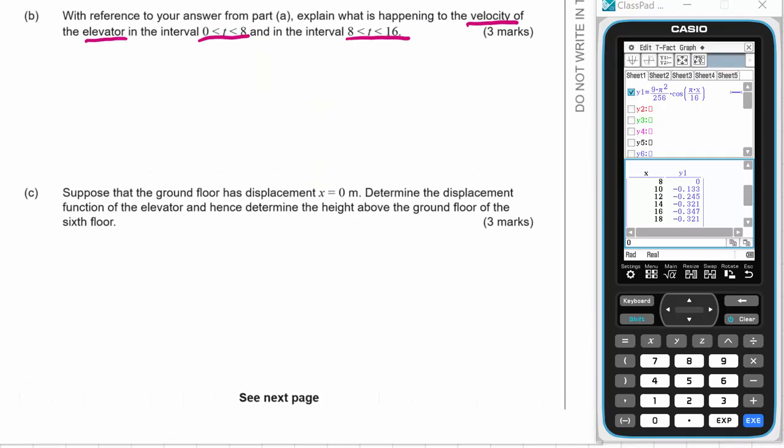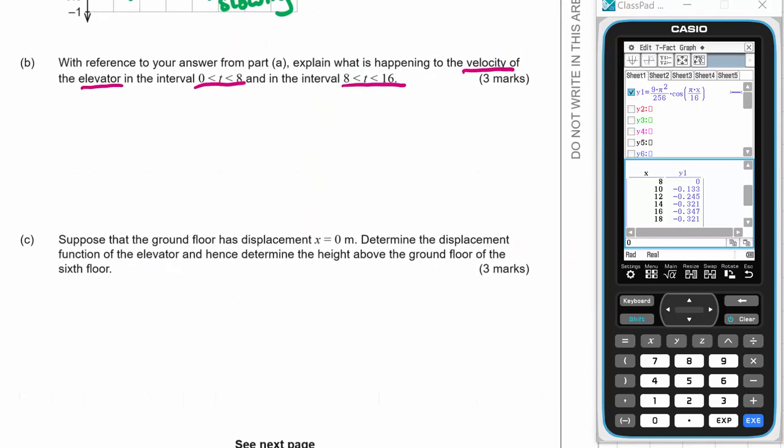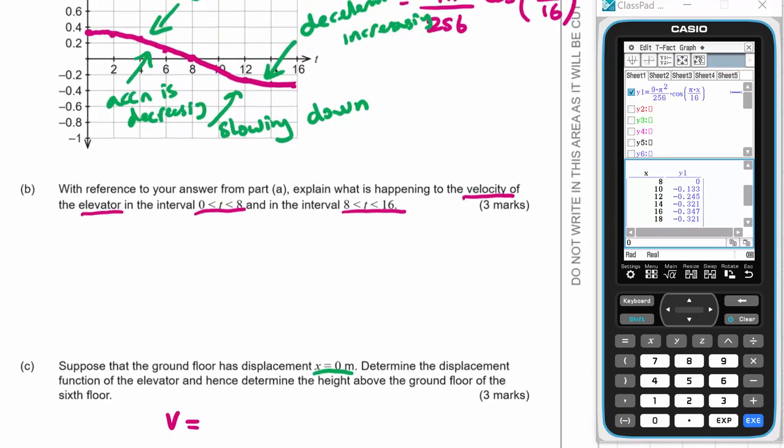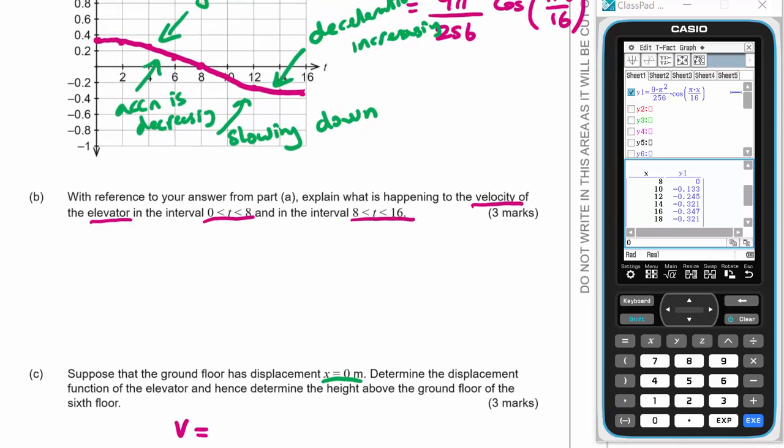So suppose the ground floor has displacement x equals 0 meters. Determine the displacement function of the elevator and hence determine the height above the ground floor. Well, we know that the velocity function was 9 pi by 16 sine pi t over 16.